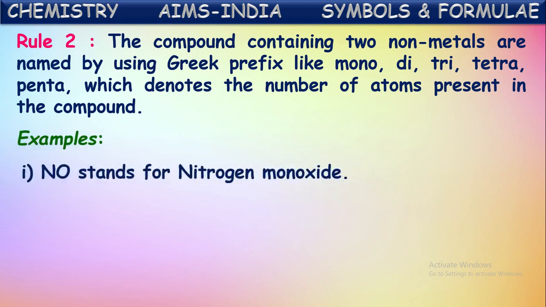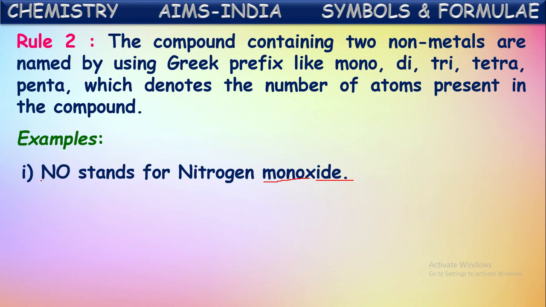The first example, the compound formed by nitrogen and oxygen. That can be named nitrogen oxygen. For the second non-metal, ide is attached by eliminating a few letters. Now it becomes nitrogen oxide. And for the second non-metal, the number of atoms is also mentioned by giving prefixes like mono.